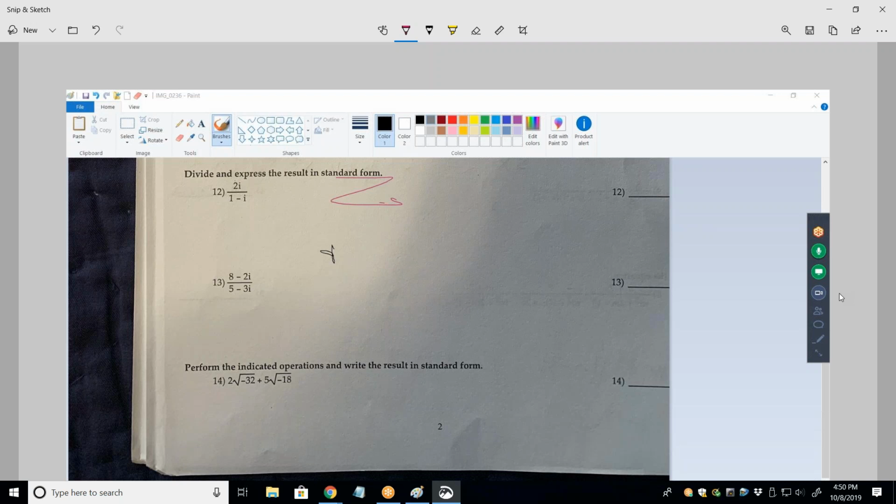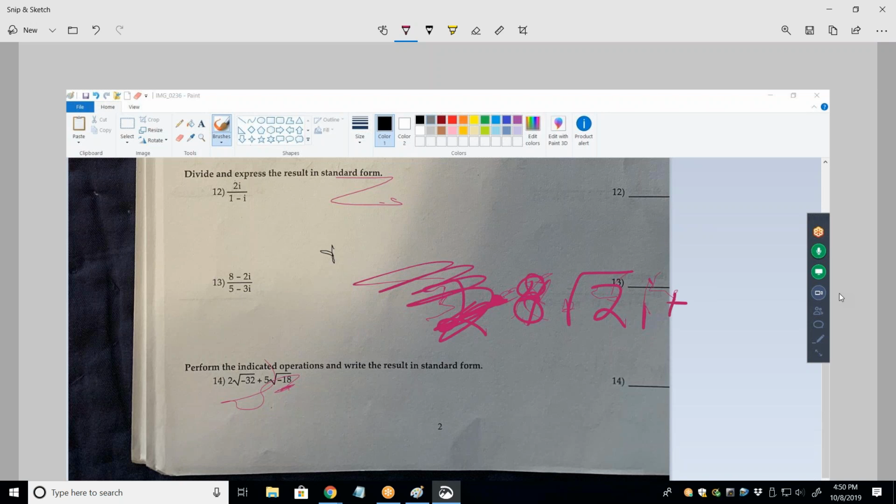Okay, so here's what we have. We have 2 times 4 square root of 2i, right? Which is 8 root 2i. So that's what the thing on the left is. And what can I do to the thing on the right? You could take the square root of -18, which would be 3 square root 2i.